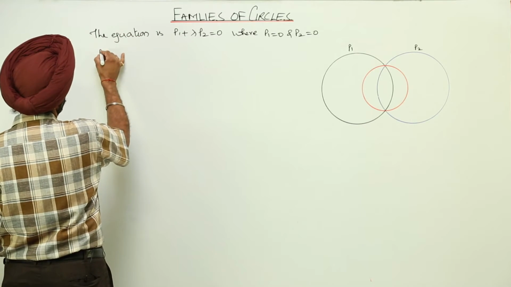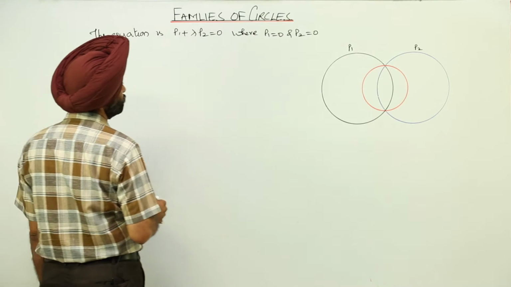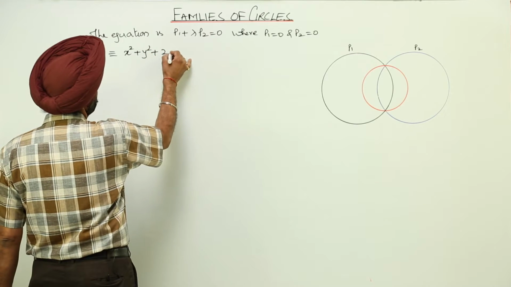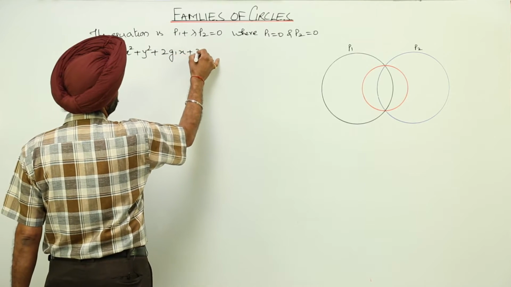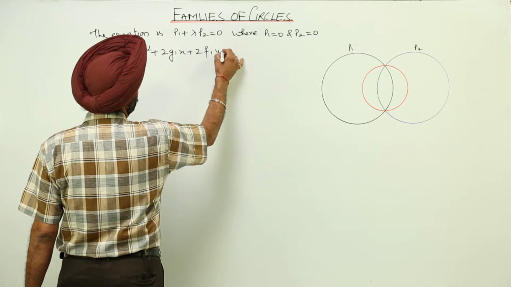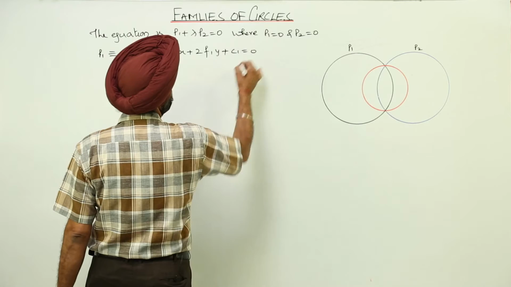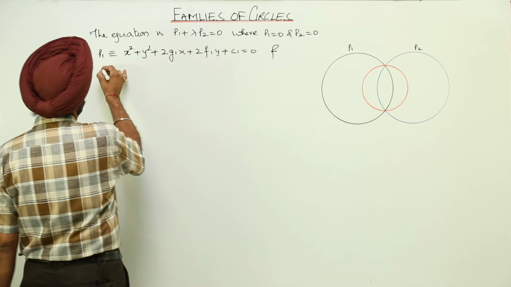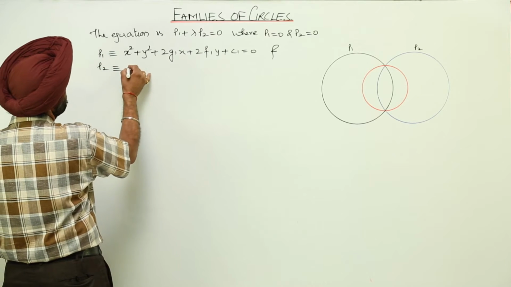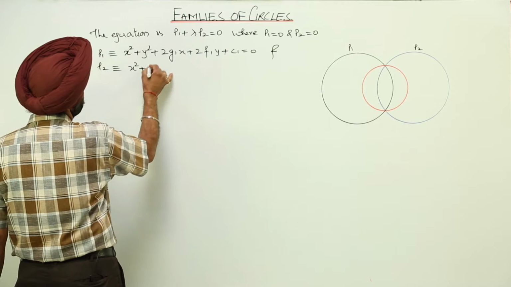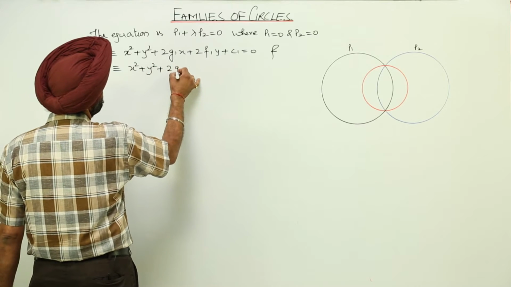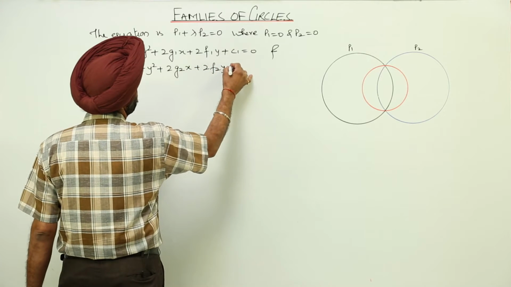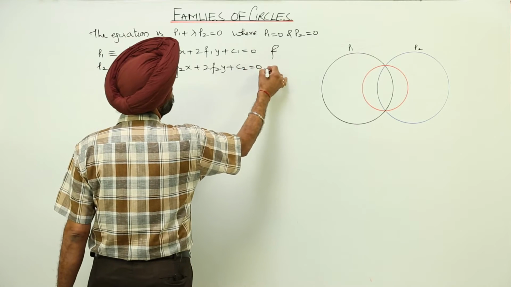Now P1 is identical to x square plus y square plus 2g1x plus twice of f1y plus c1 is equal to 0, and P2 is identical to x square plus y square plus twice of g2x plus twice of f2y plus c2 is equal to 0.